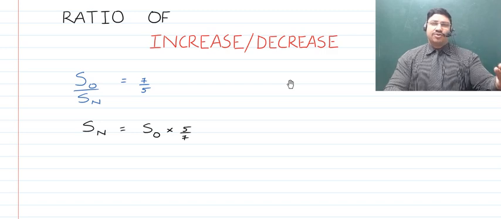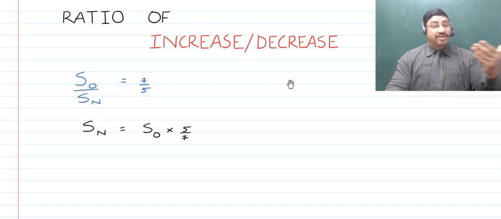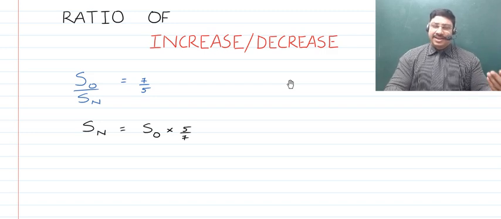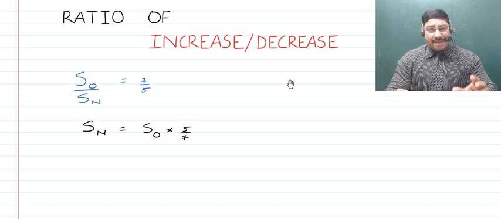Like the ratio of distance and time gives you another physical quantity, velocity. But when we compare the same physical quantity at two different times, we get something dimensionless, something which does not have any unit.